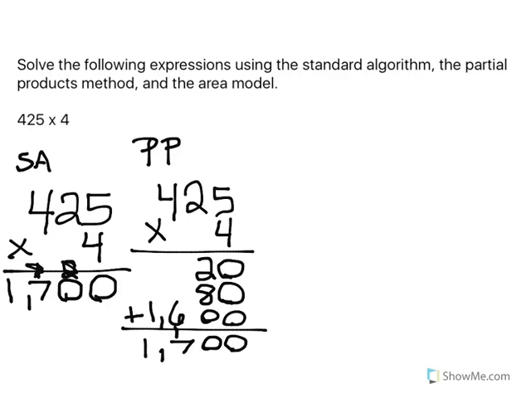So that's partial products. And remember, when I was doing my 5 ones times 4, I got 20, which is 2 tens. When I did my 2 tens times 4, I got 8 tens.